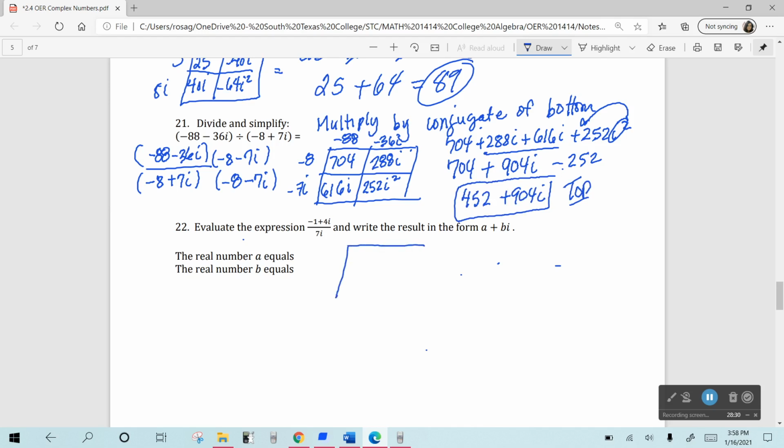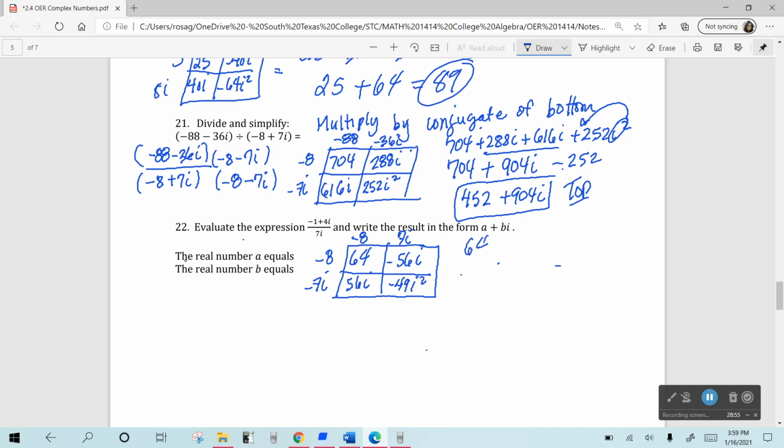And then we'll come back and work on that one. So here it will be 64, negative 56i, 56i, 49i squared.